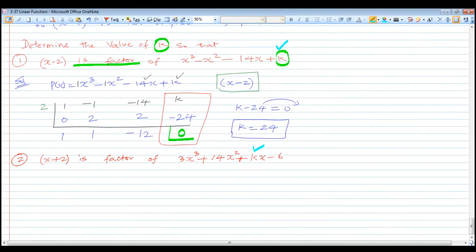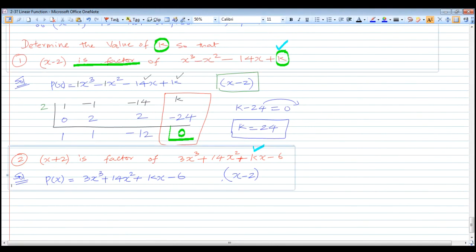So the same rule we applied before, we are applying here also. This is p of x, the polynomial 3x cubed plus 14x squared plus kx minus 6, and the factor is x plus 2.